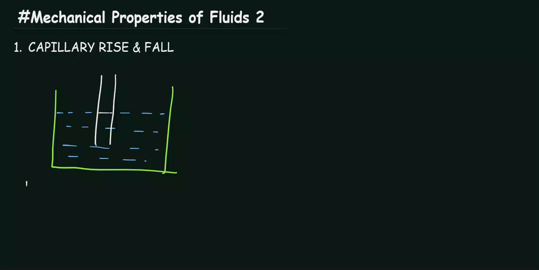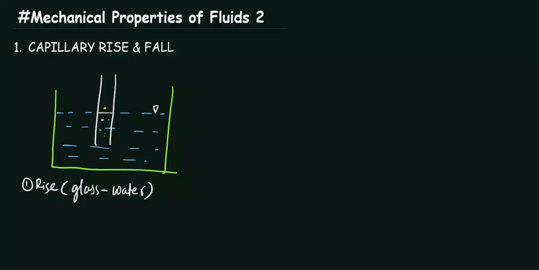It happens mostly when the pair is glass and water. For this pair, the liquid inside it rises; comparatively its height is more than the normal liquid surface. That is called rise.